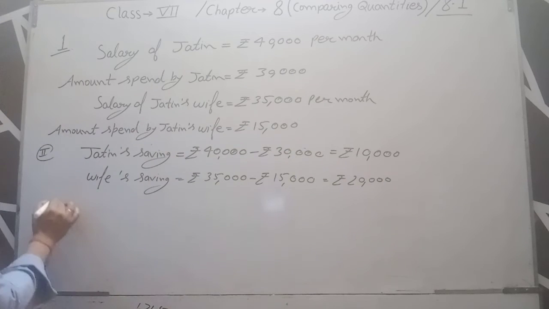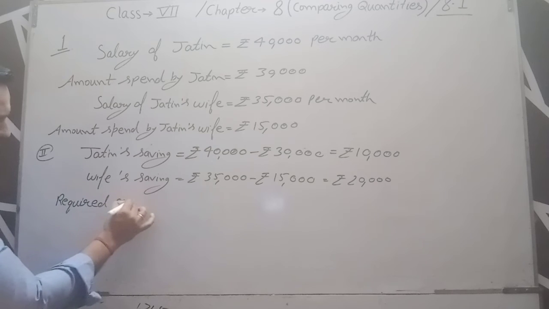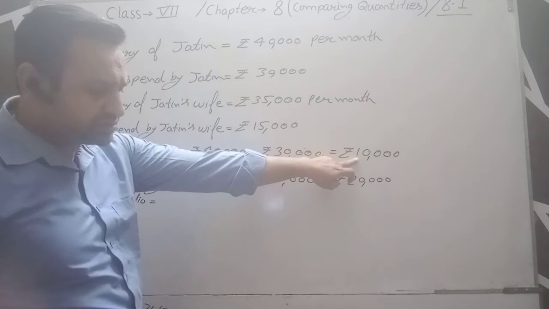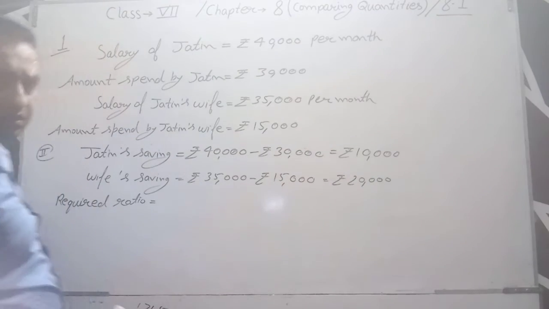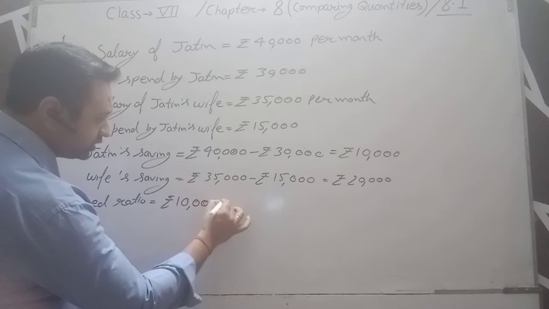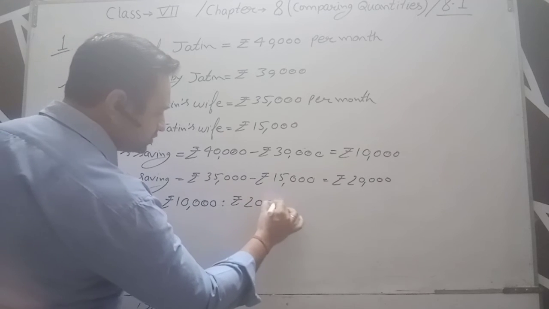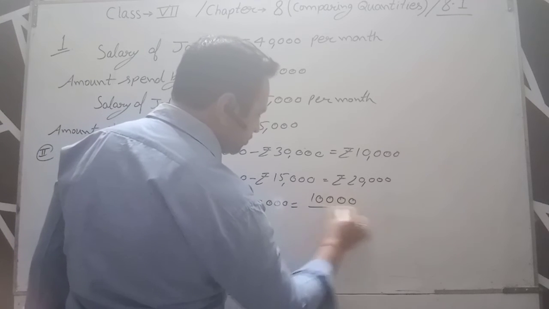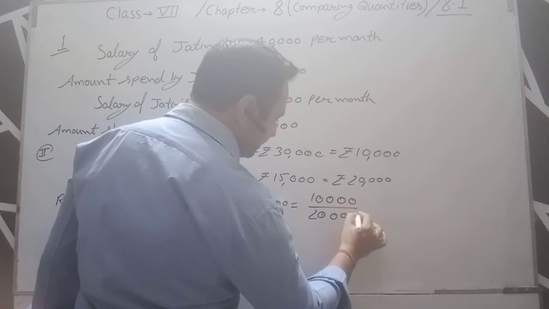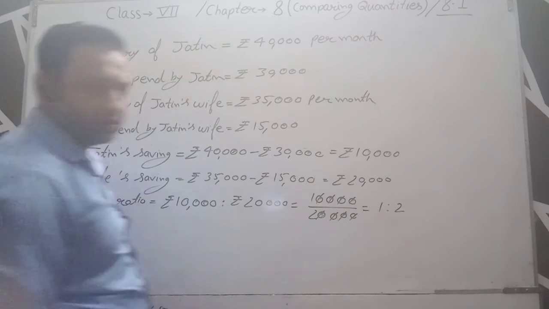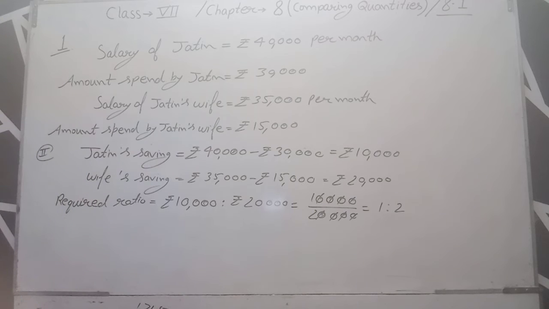Now we have to find the required ratio, the ratio between Jatin's saving and his wife's saving. So Jatin's saving, it means rupees 10,000 ratio rupees 20,000. To simplify, 10,000 upon 20,000, and the ratio is 1:2. So it is the required ratio.